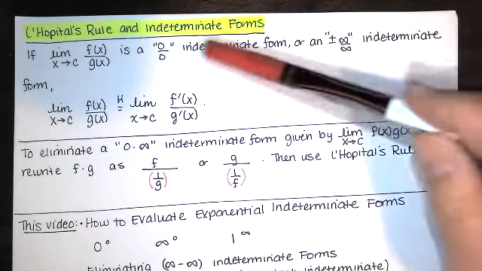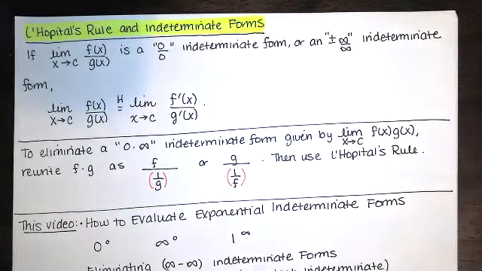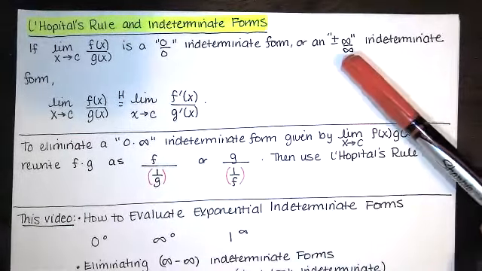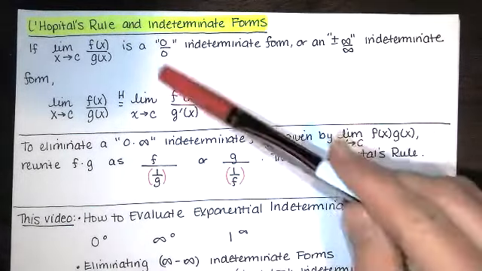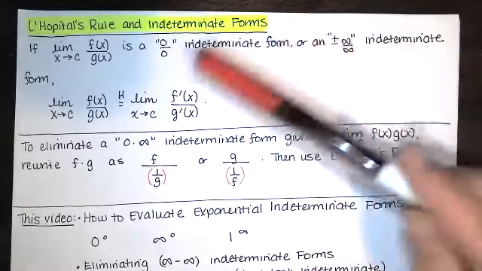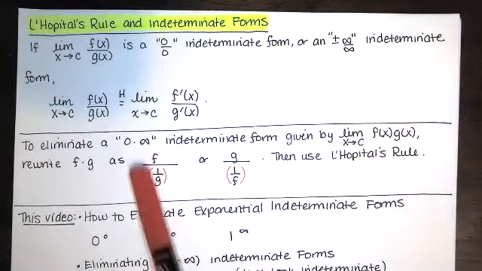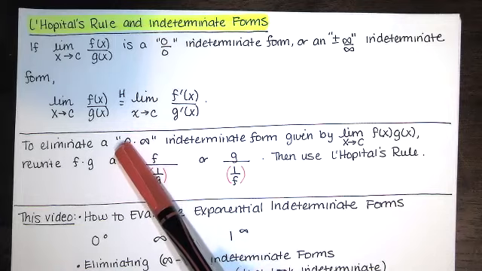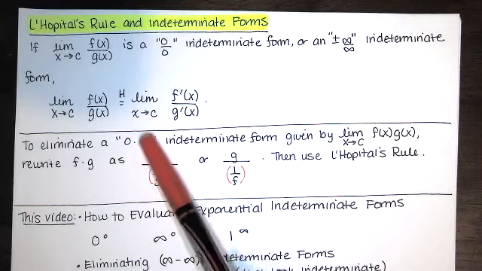Now these are the only times you can use L'Hopital's rule. You have to have one of these quotient forms, plus or minus infinity over infinity, or 0 over 0. If you don't have one of those quotient forms, if you have a 0 times infinity indeterminate form, and you're wondering, does that one approach 0 faster than that one goes to infinity? Then we get 0.